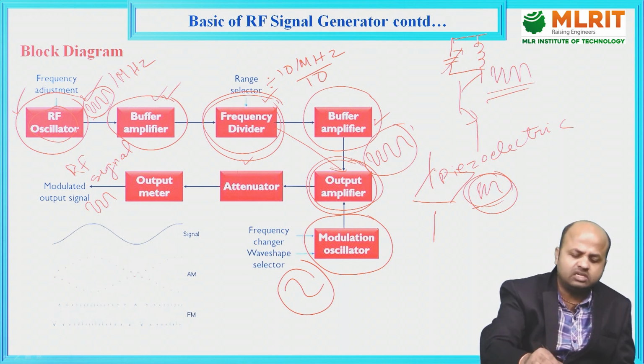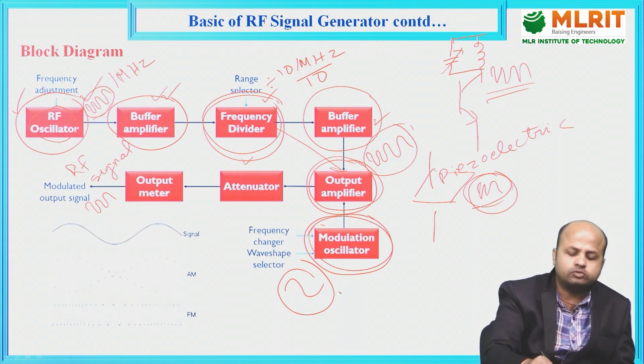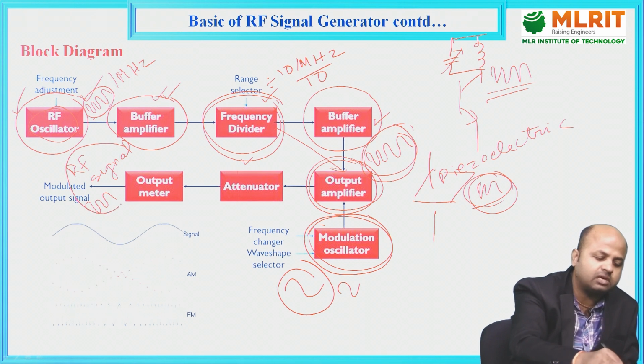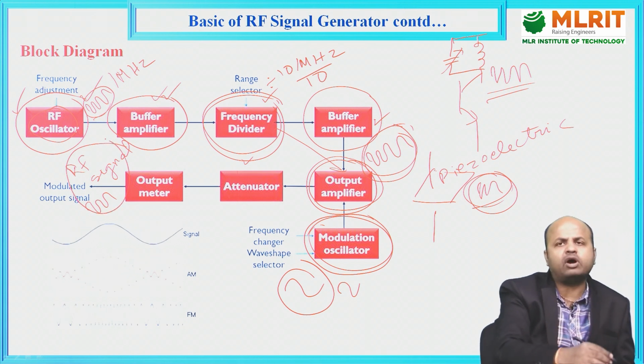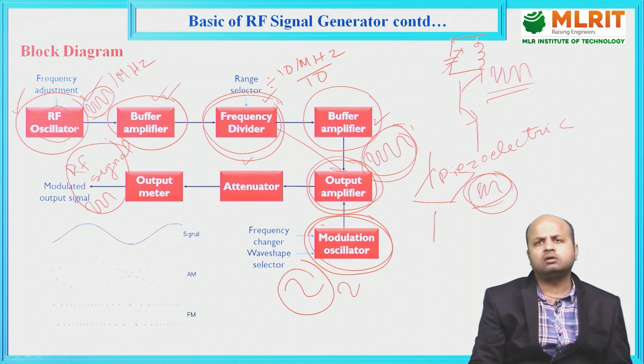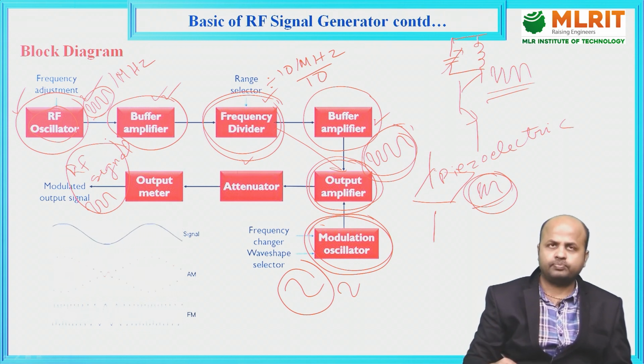With the help of this modulation oscillator, we can superimpose a low frequency signal on this high frequency signal, and we can get an RF signal modulated output, which is widely used in communication systems. So this was the basic working and construction of an RF signal generator.